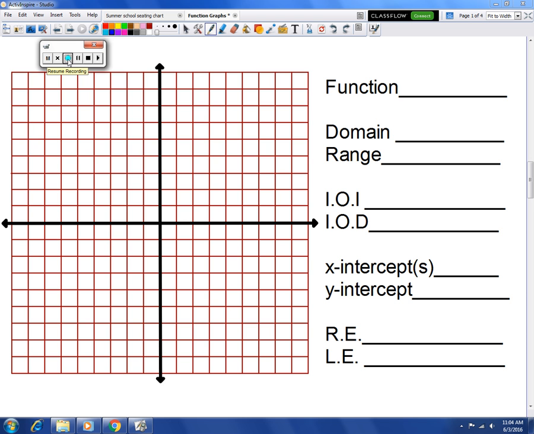Alright, let's try a function that does have a y-intercept besides 0. Again, the number in front of the x, called the coefficient, is the slope. If you don't see a number there, that means the slope is 1. And we're going to use 1 over 1 in just a minute when we're graphing this.